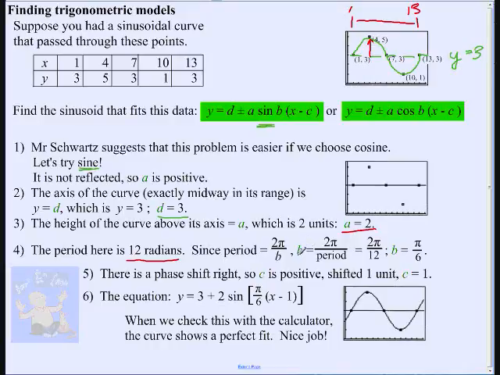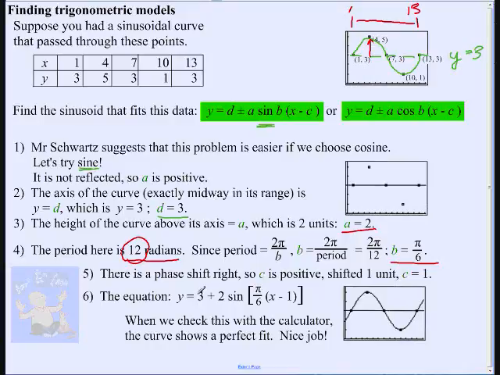We want to know b, that's what we put into our equation. So we just divide 2 pi by the period, which we observe is 12, and we get a b of pi over 6.